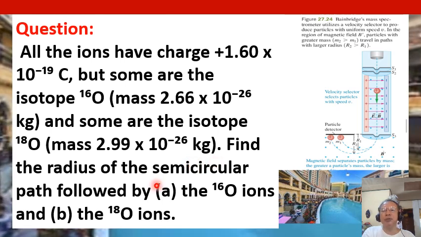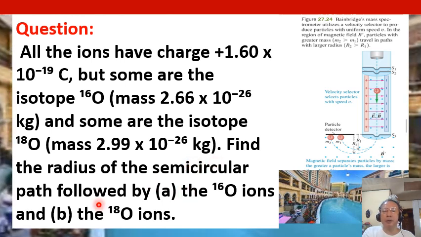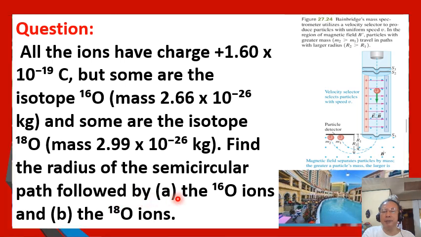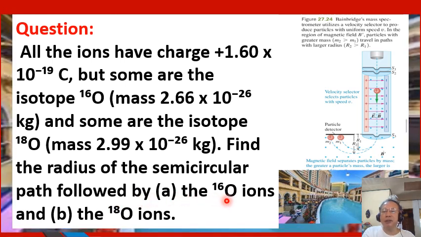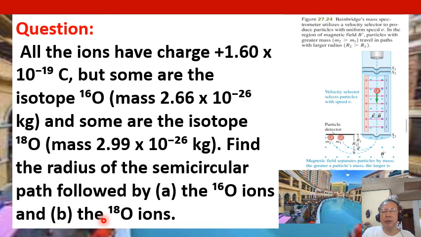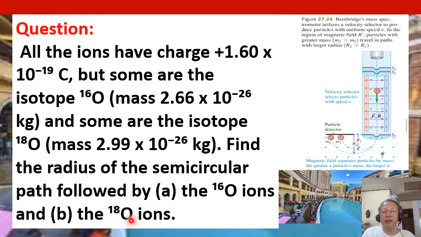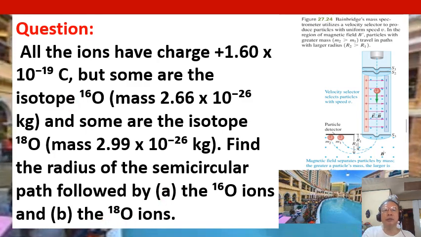Find the radius of the semicircular path followed by letter A, the oxygen-16 ions, and letter B, the oxygen-18 ions.